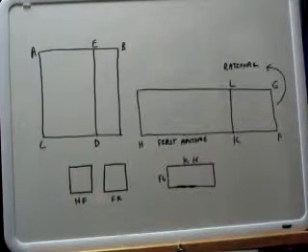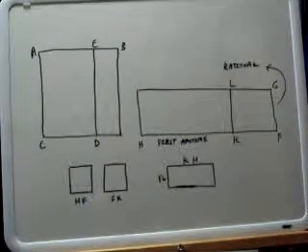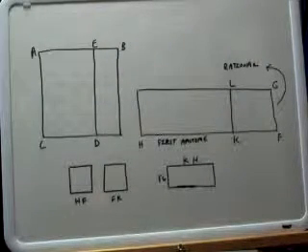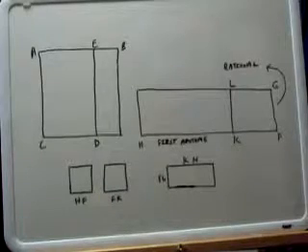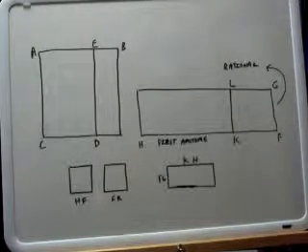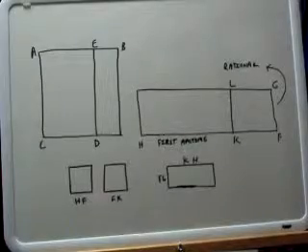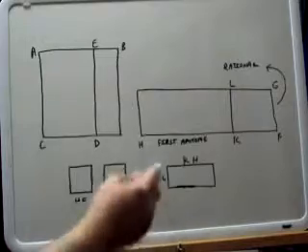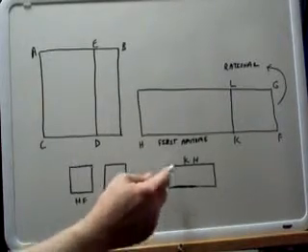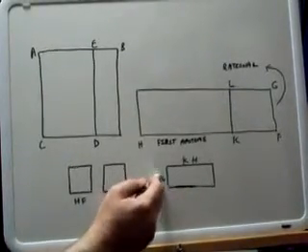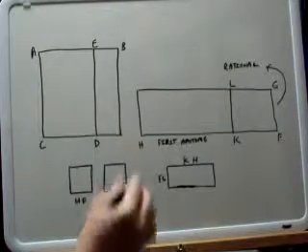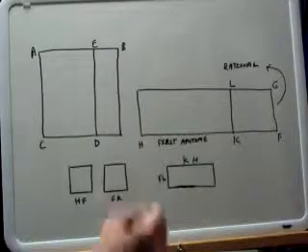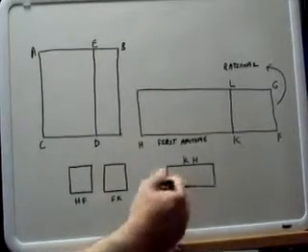But the side of the rectangle contained by a rational straight line and a first apotome is an apotome. We're going to make a rectangle, and we have to contain it by a rational straight line and a first apotome. We know that this is a rational straight line. That's this right here. So two sides of this rectangle are going to be the length of FG. We also know that KH here is the first apotome. So the other two lines are going to be the length of KH.